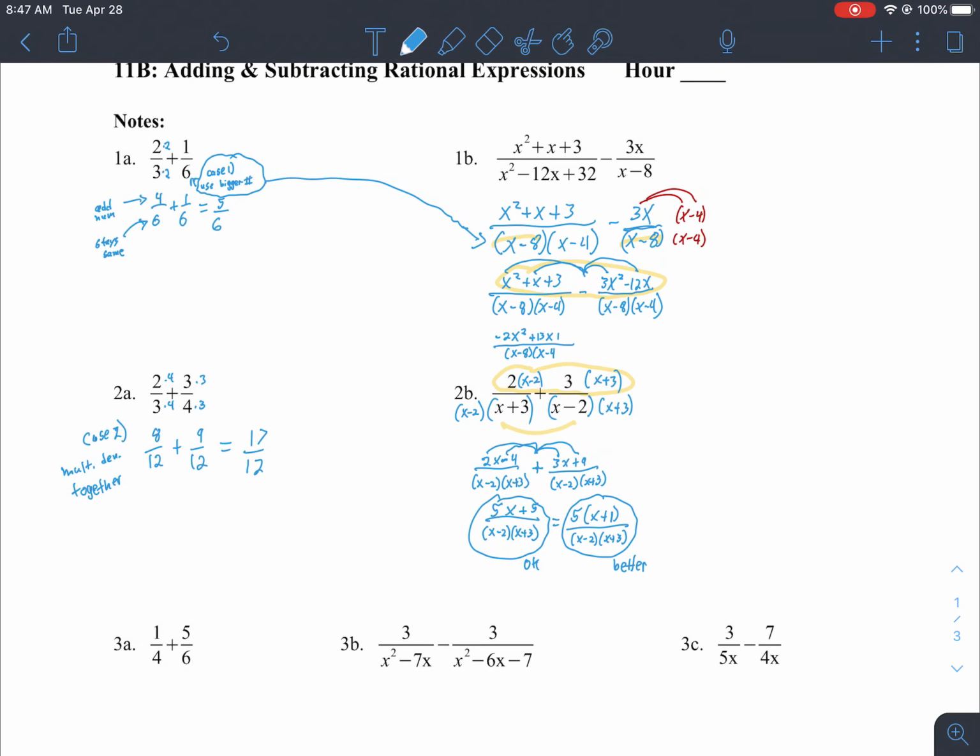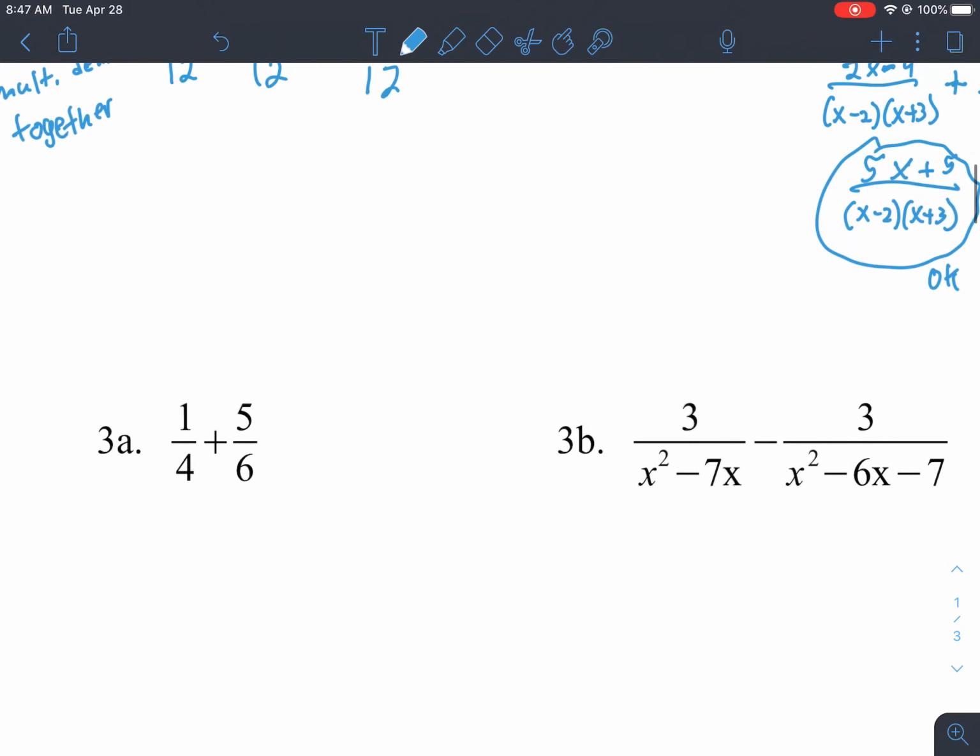Okay, now here's case 3. Case 1 was just use the bigger number. Can't do that because 4 doesn't go into 6. Case 2 is use both of them multiplied together, 24. That would work, except we don't need to use something that big. We can use 12. So multiply by 3 and by 2.